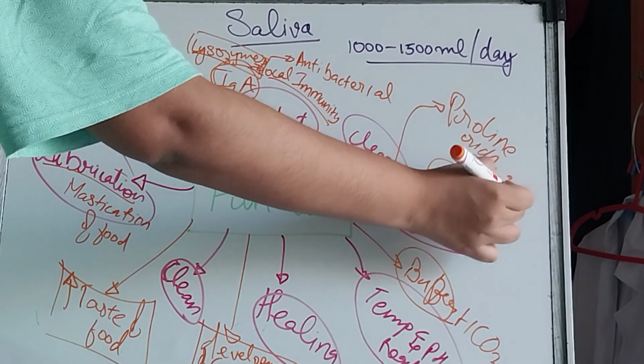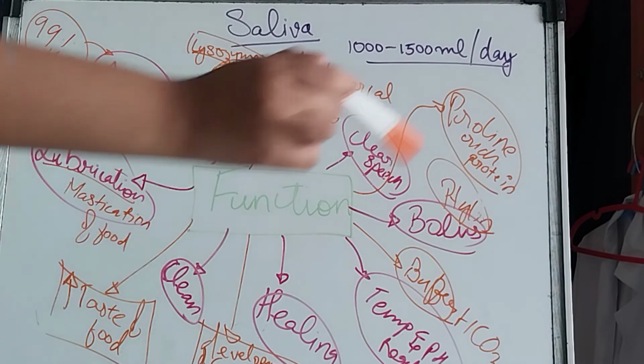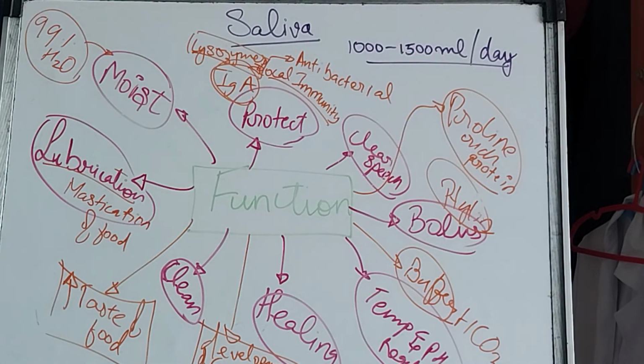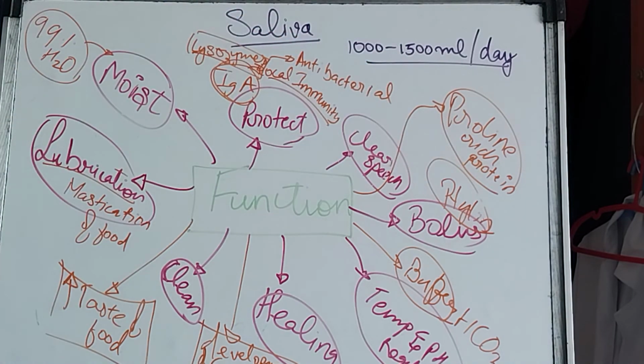What is their function in the saliva? So proline rich proteins in saliva protect the enamel of the teeth. The enamel of the teeth is protected by the proline rich protein, because we take hot and cold food, due to which the enamel can get damaged, but there is proline in the saliva which helps in protection, and it also provides strength to the enamel.